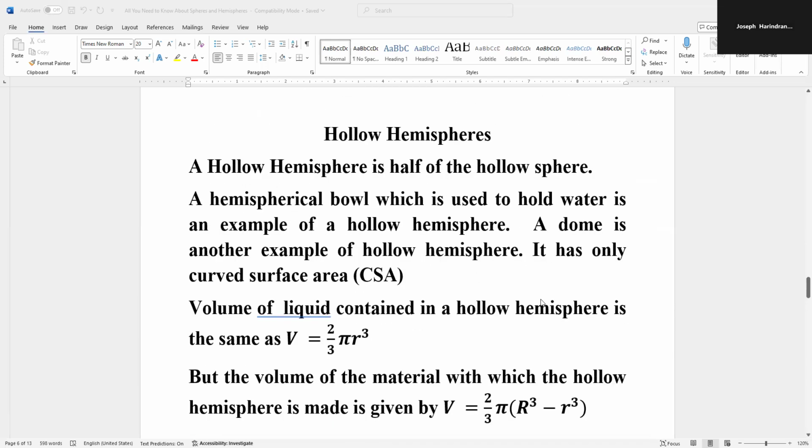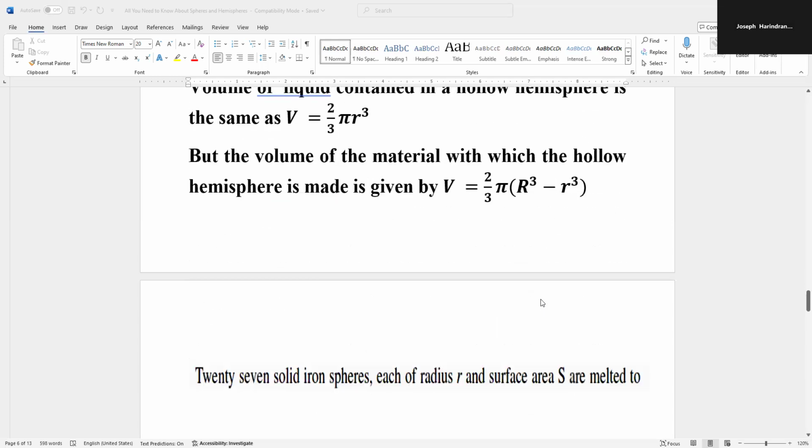These are the formulas required. And if the thickness is known, and the smaller radius, that is the inner radius of the hemisphere or a sphere, is given, we can find the outer radius: capital R is equal to small r plus t, the thickness.